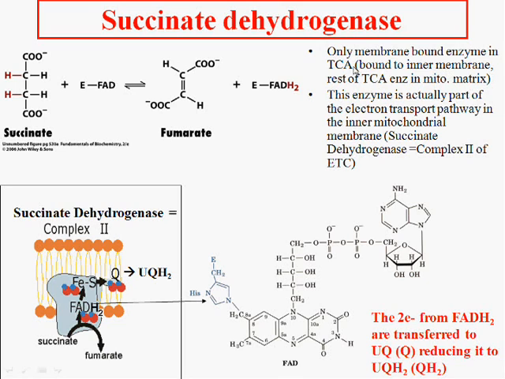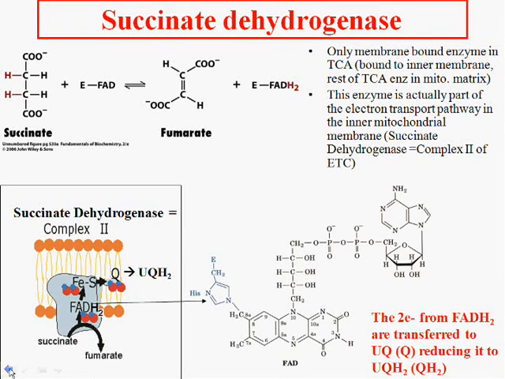Very, very important: because it's a part of the ETC and the TCA as well, it's the only membrane-bound enzyme in the TCA. It's bound to the inner mitochondrial membrane, whereas the rest of the TCA enzymes are in the mitochondrial matrix, as we've talked about before at the start of the TCA lecture notes.